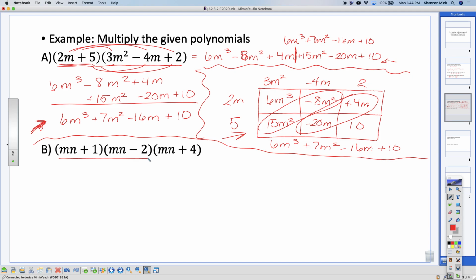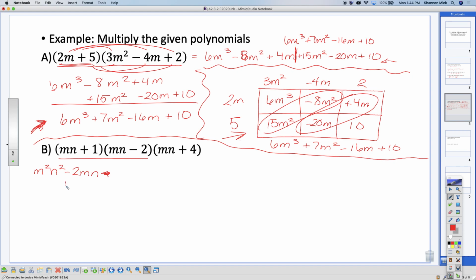Okay, so I have mn times mn, so that gives me m squared n squared minus 2mn, and then I have 1, right?